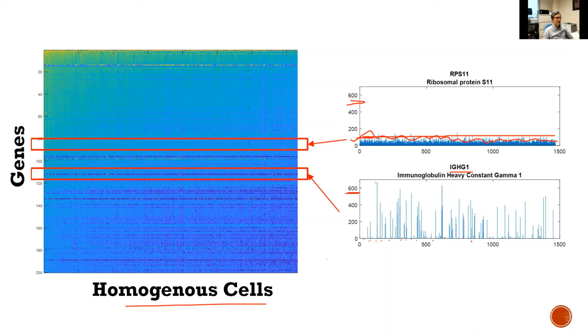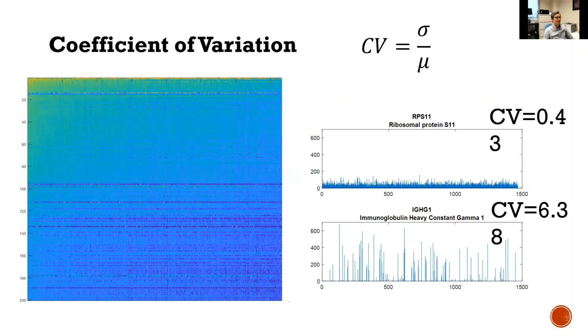Although the mean expression of these two genes is very similar, the variability is very different. So we use CV to measure this. Remember, CV is the standard deviation divided by the mean. These two genes have a similar mean across cells, however the CV is much higher for the immunoglobulin gene, at 6.38, and this one is only 0.43.